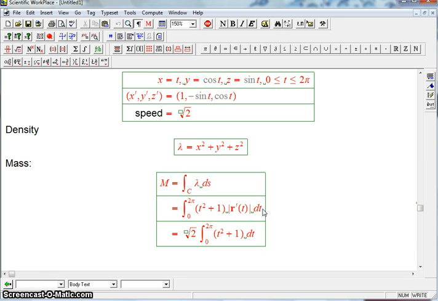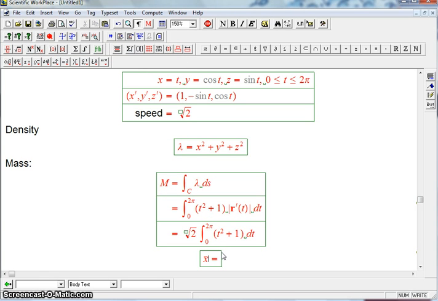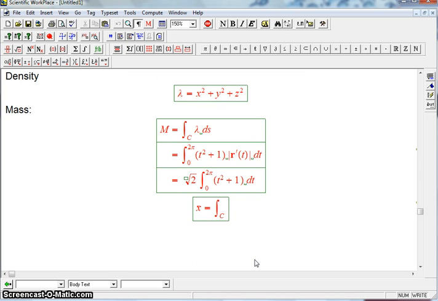Now what about the center of mass? Like x bar, for example. X bar is going to be the integral over the curve of lambda times x ds.